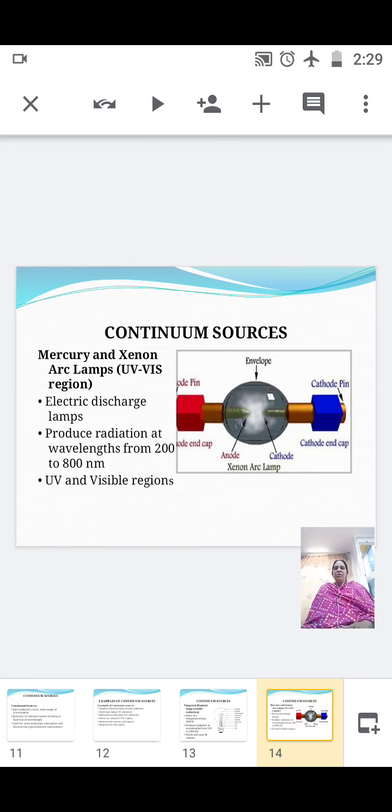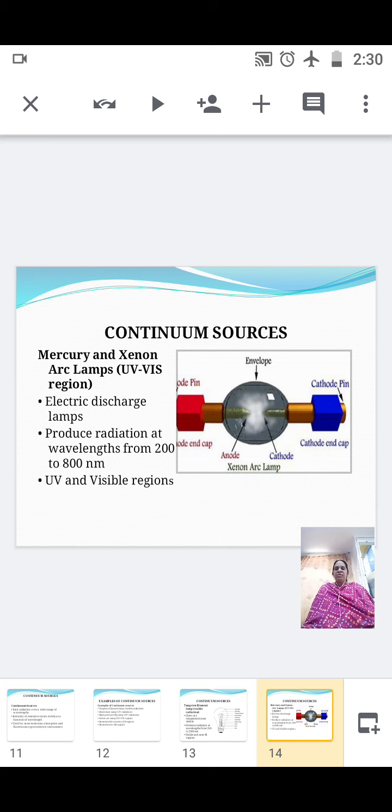Then comes the next example of a continuum source: mercury and xenon arc lamps.